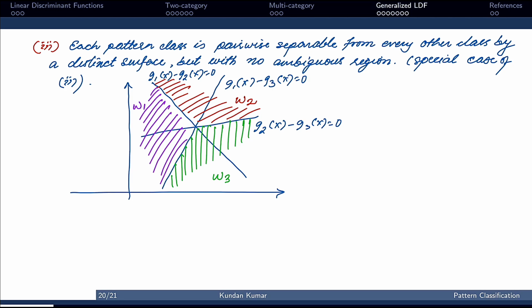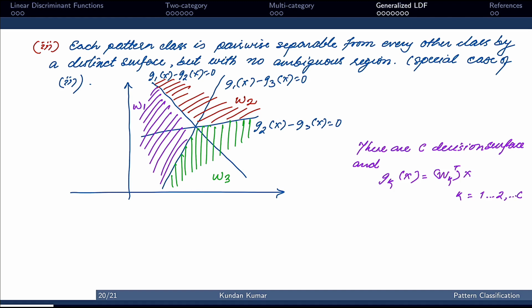Therefore, in this case there are c decision surfaces, and gk(x), that means the kth discriminant function, will be defined using this expression where k is equal to 1 to c, and c is the number of classes, and sample x will belong to omega i if gi(x) is greater than gj(x) for all j not equal to i.